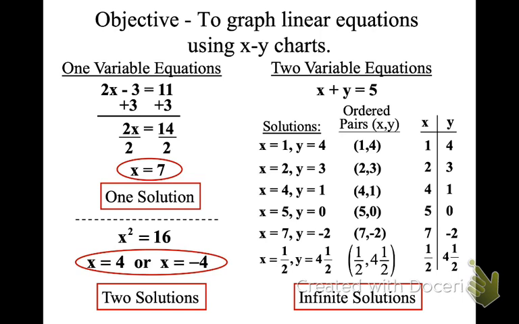Do you understand? What tonight's homework is going to ask is that you find 3 solutions. Now, what these ordered pairs really are, when you graph the equation, are you with me?